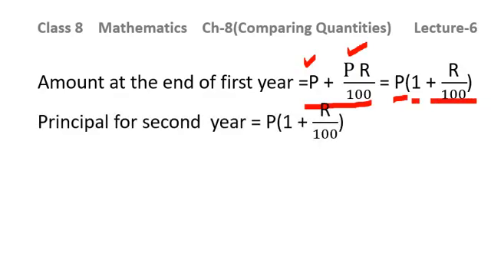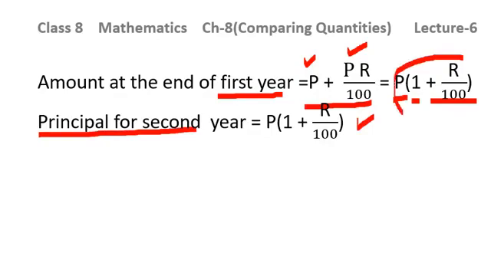Then the principal for the second year, as I told you that in compound interest, the amount of the previous year will be the principal for the next year. So it will be P bracket 1 plus R over 100. This was the amount of the first year. Now this will be the principal for the second year, as it is the concept of compound interest.